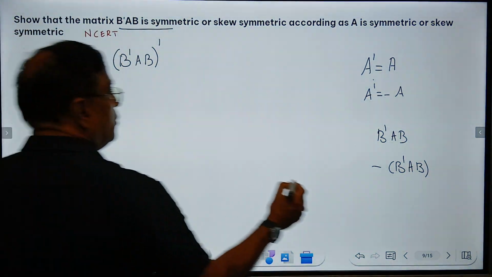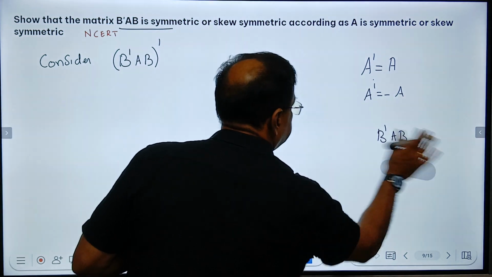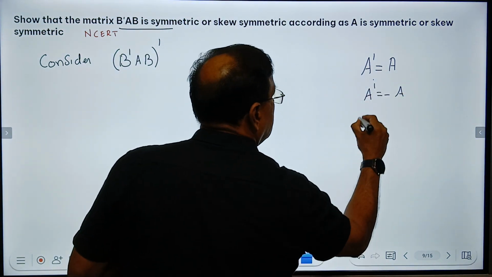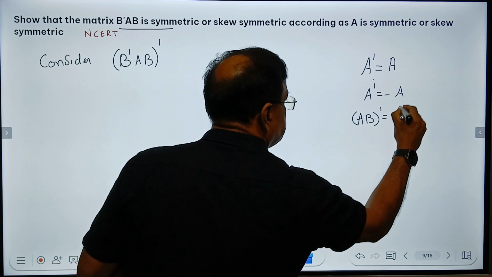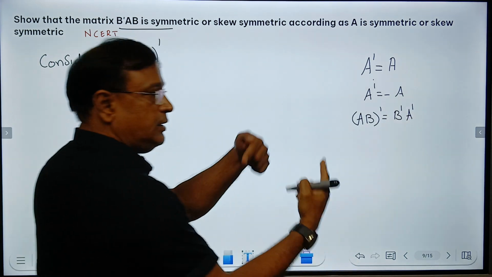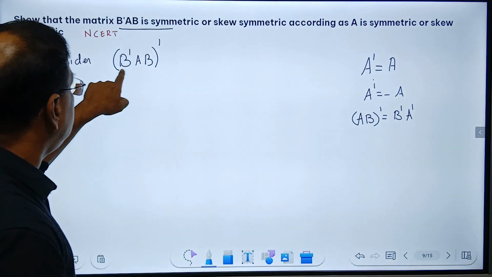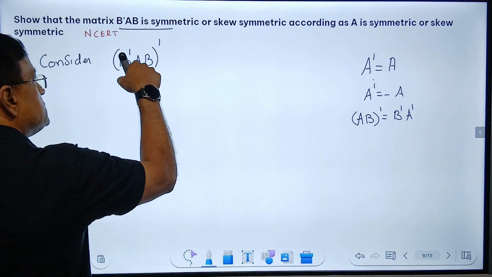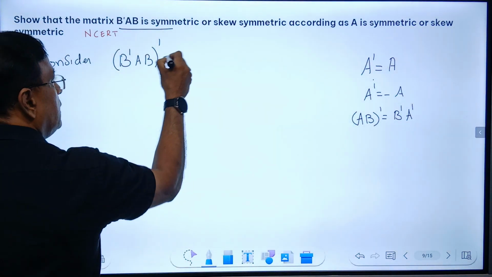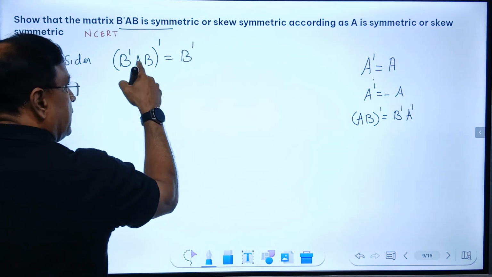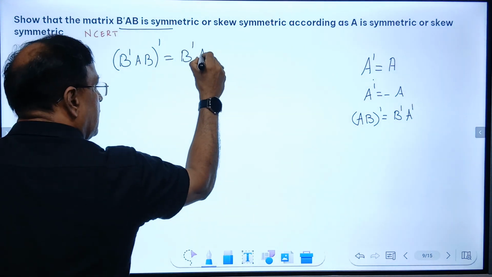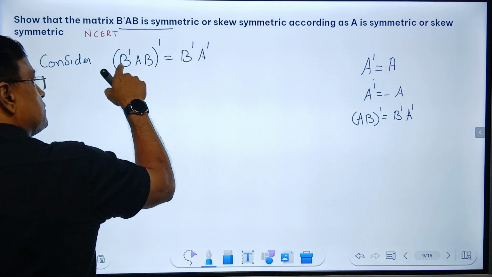Now you all know that AB transpose is B transpose into A transpose. You write in reverse order. So here B transpose AB whole transpose will be, first you have to write the transpose for B, then you write the transpose for A, then you write the transpose for B transpose.